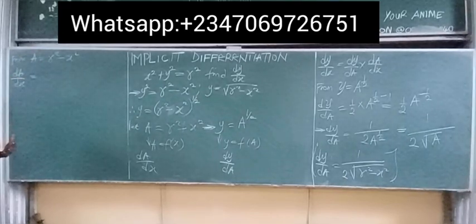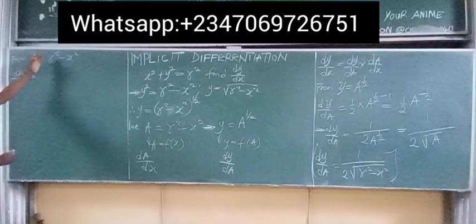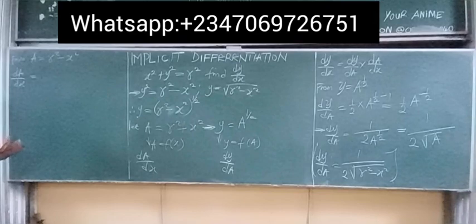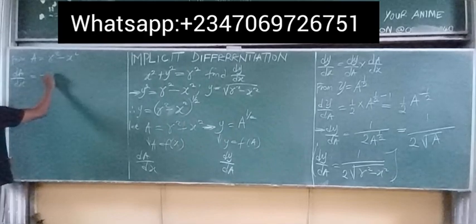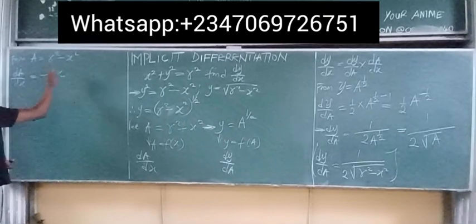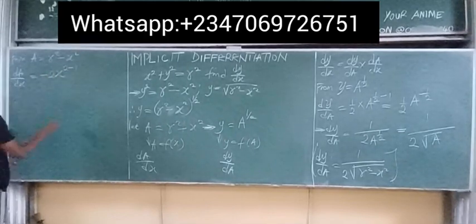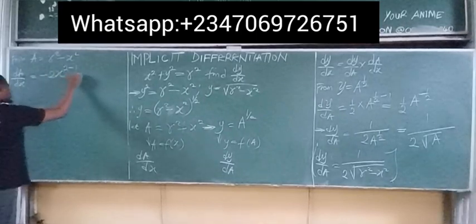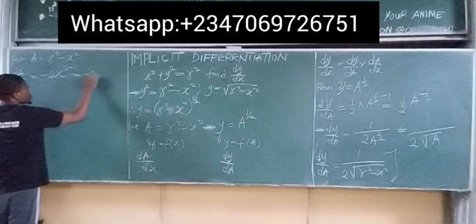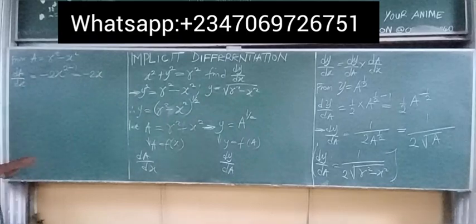Since r squared does not contain a term in x, it is to be treated as a constant. So if I differentiate minus x squared, I will simply have minus, use the power 2 to multiply x, then subtract 1 from the power, it becomes 2 minus 1. So this simply means that the da/dx is simply minus 2x. This gives us the da/dx.